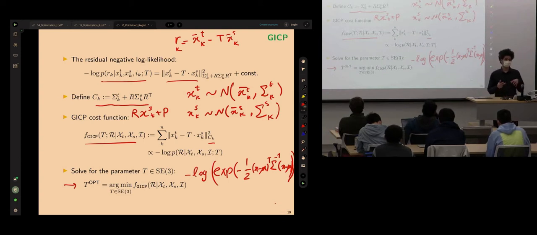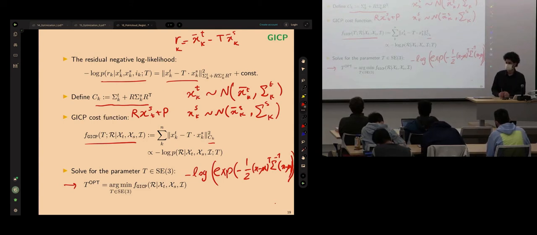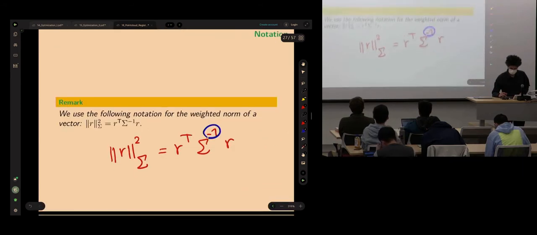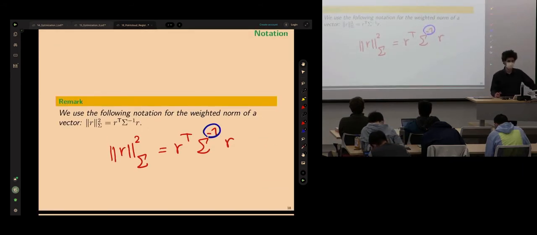The distance metric is no longer the Euclidean distance. This is a Mahalanobis distance between 2 points. In other words, the distance is weighted by the covariance, and it is calculated using this formula.